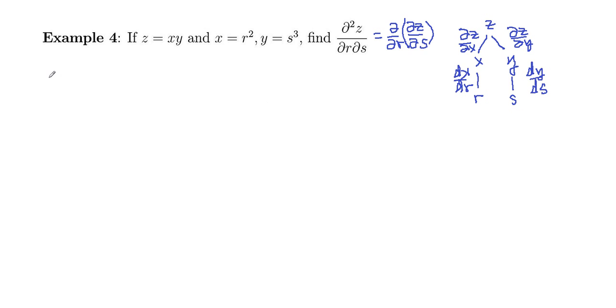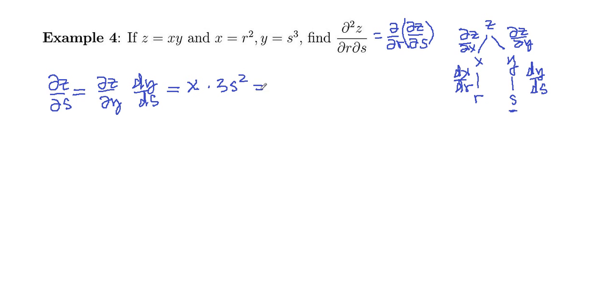So then our partial here, dz ds, we're going to use the two branches that end in s, so dz dy times dy ds. The y derivative of z is just going to be x, and then dy ds is just going to be 3s squared.